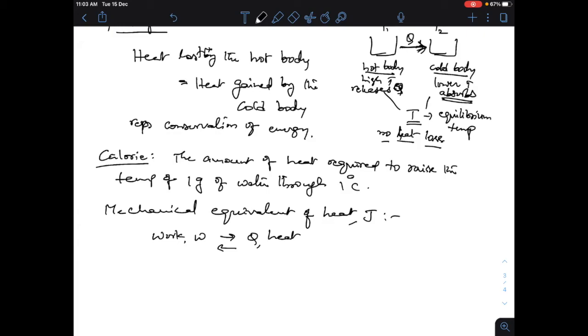So the ratio of work done to heat produced, that is W by Q, is constant.